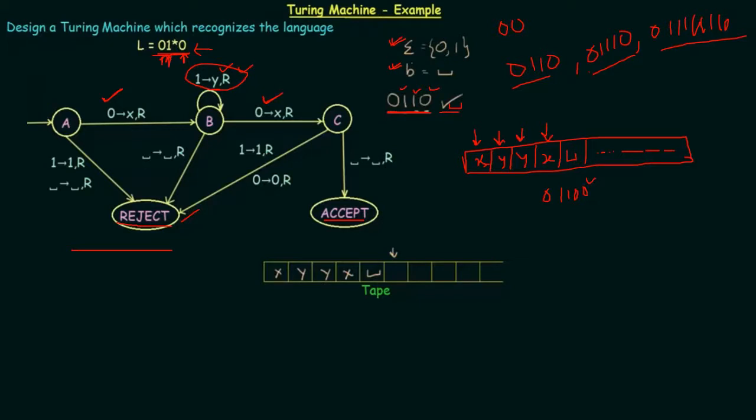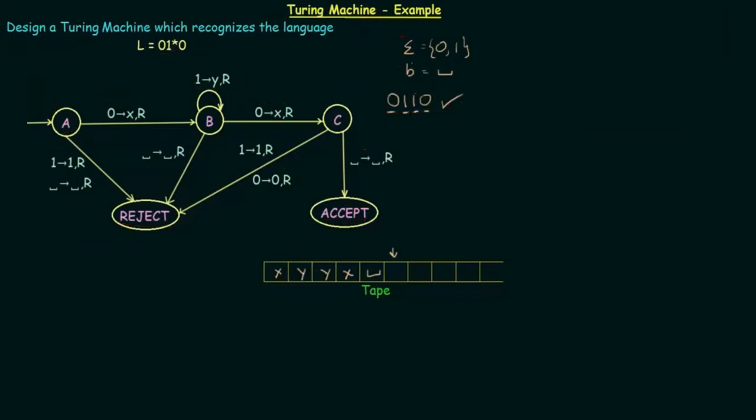For A, for 0 there is a transition, for 1 there is a transition, for blank there is a transition. For B, there is for 0, for 1 and for blank. For C also we have a transition for blank, 0 and 1. So that means the control portion does have all of the things that we have promised. That is how it has been designed.